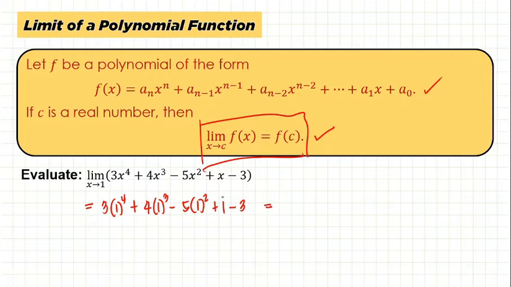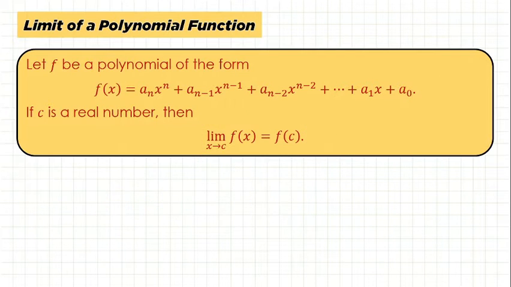We will have 3 plus 4, 7, minus 5, 2, plus 1, 3, minus 3. So the answer is 0. That will be the answer for this limit. Again, if you are given a polynomial function, we can just do direct substitution.